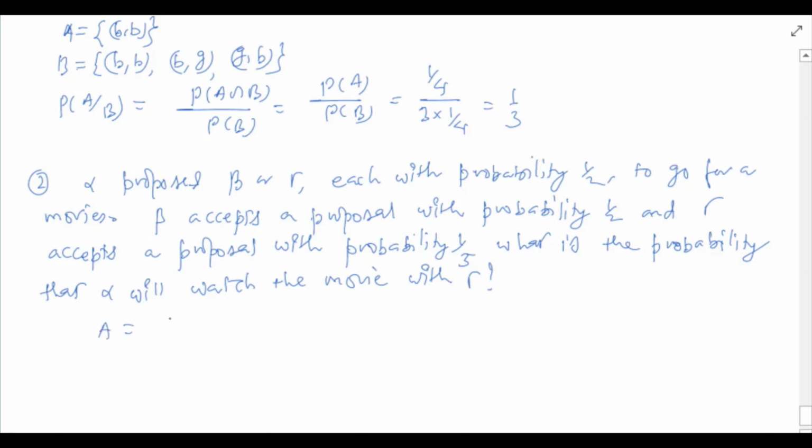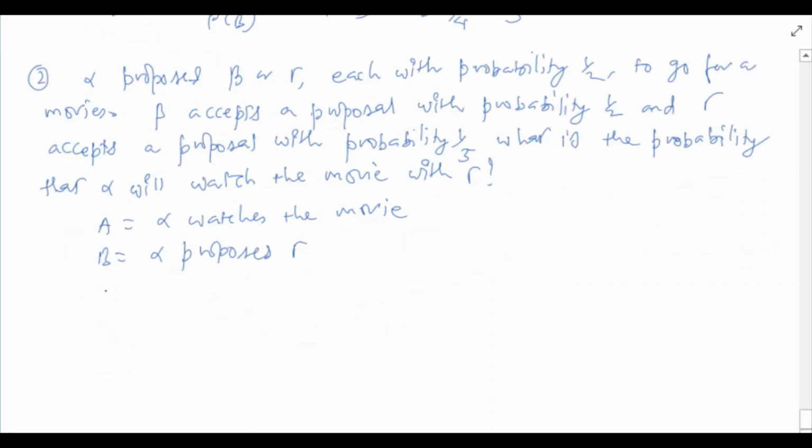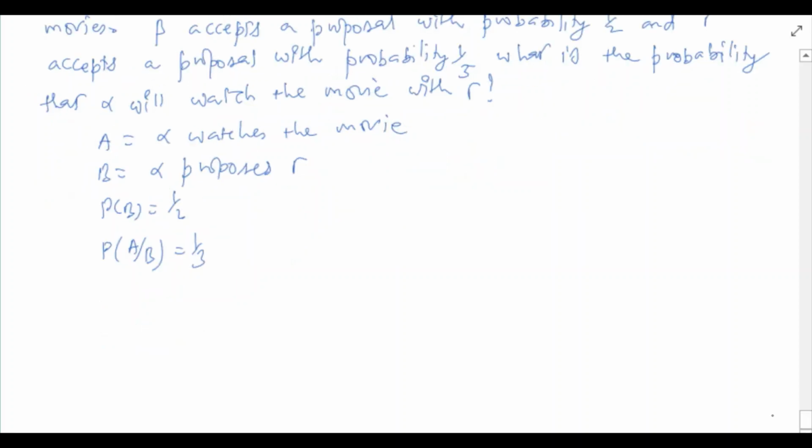Again, we can define two events. Event A is alpha watches the movie, and event B is alpha proposes gamma. Then probability of B is clearly half. Given that alpha proposes gamma, the conditional probability that alpha will watch the movie with gamma is 1 by 3, because this is the probability with which gamma accepts the proposal.